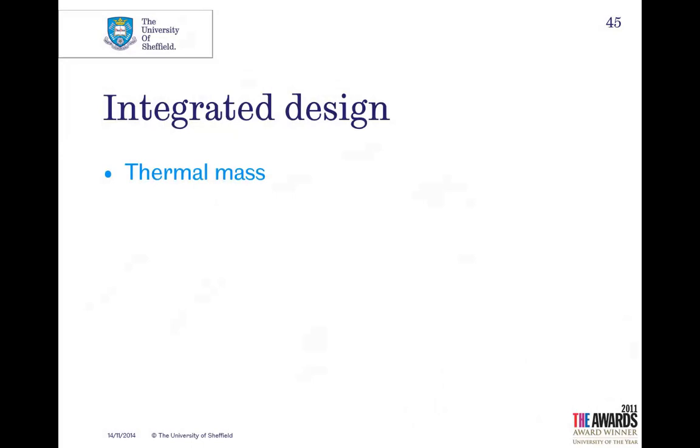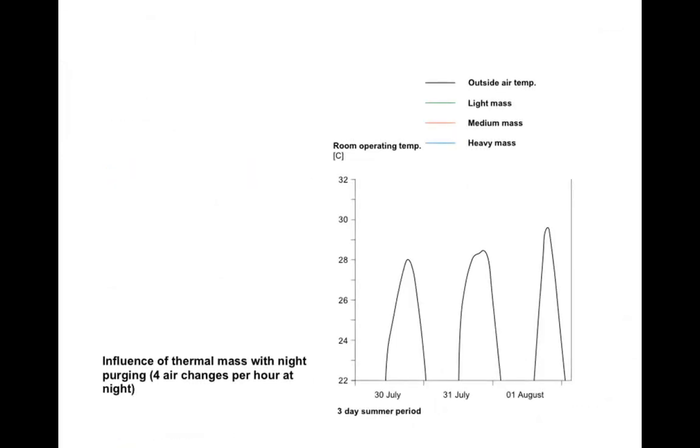Okay, thermal mass. So what we mean by thermal mass is when the materials in the building have a high specific heat capacity. So those materials are able to store a lot of energy. So to give you some examples, the floor that I'm standing on is made of concrete.